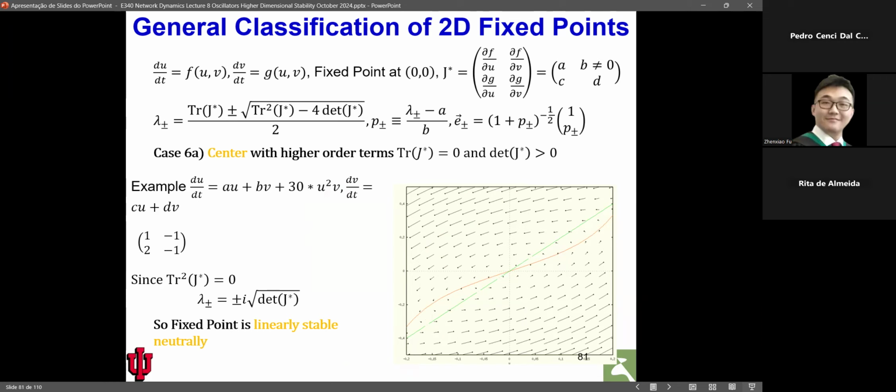So what happens if I have higher order terms here, for example, the thing here?